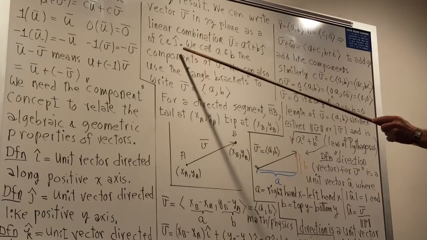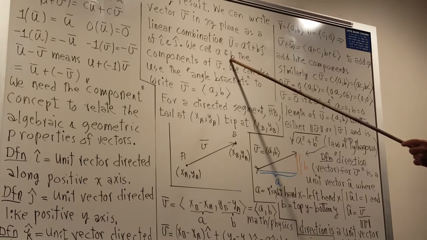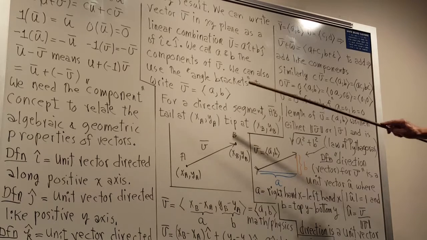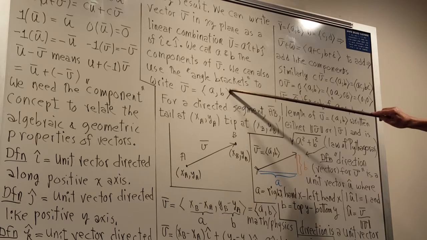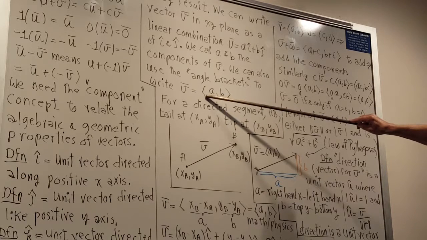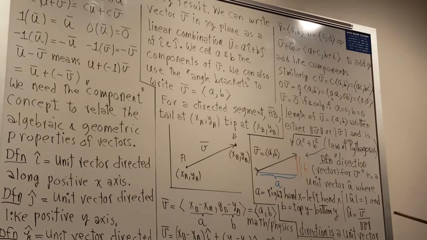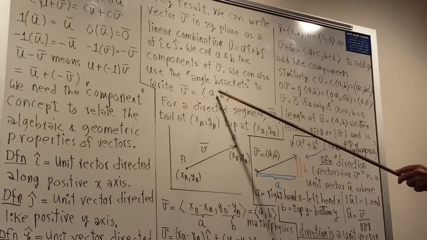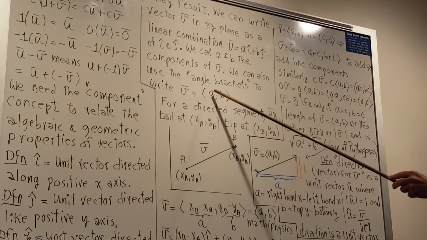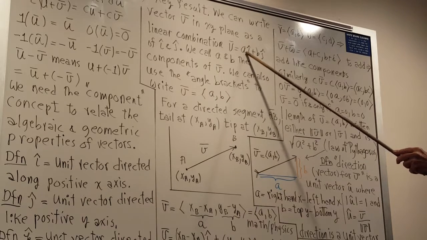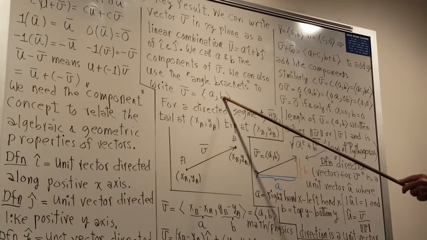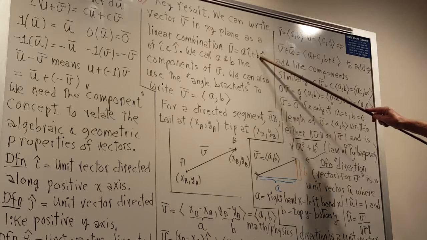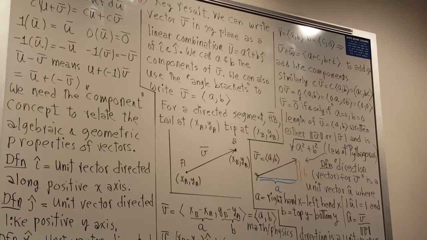So we call those the components of V. We can also use the angle brackets, which is what I will use primarily, to write the vector in component form. So something written like this means the same as that. But this is actually a handier way to write it. This is more likely what you see the engineers doing.